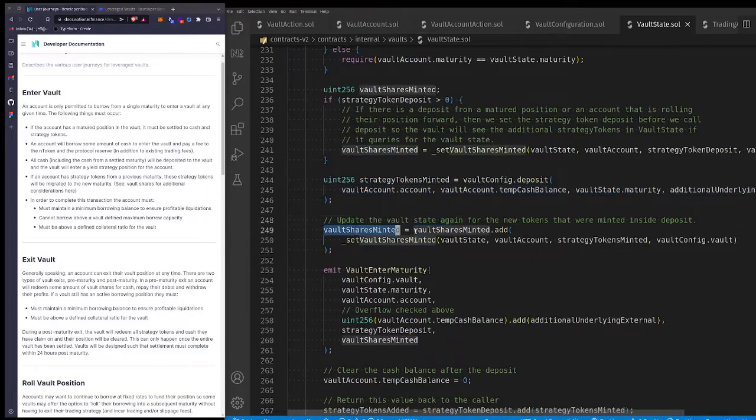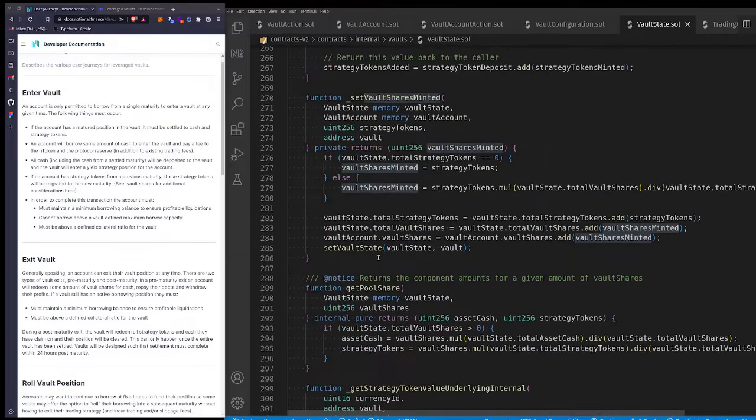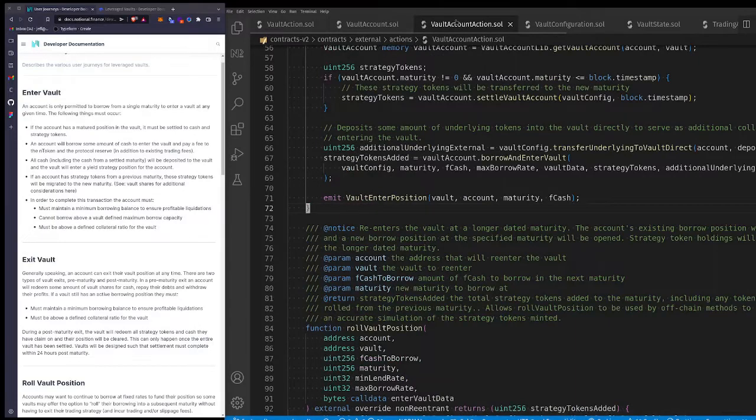What we do there is we then convert that into vault shares and put those vault shares on the vault account. So we'll add them there, and we'll increment all the other variables. From there, we have the strategy tokens added.